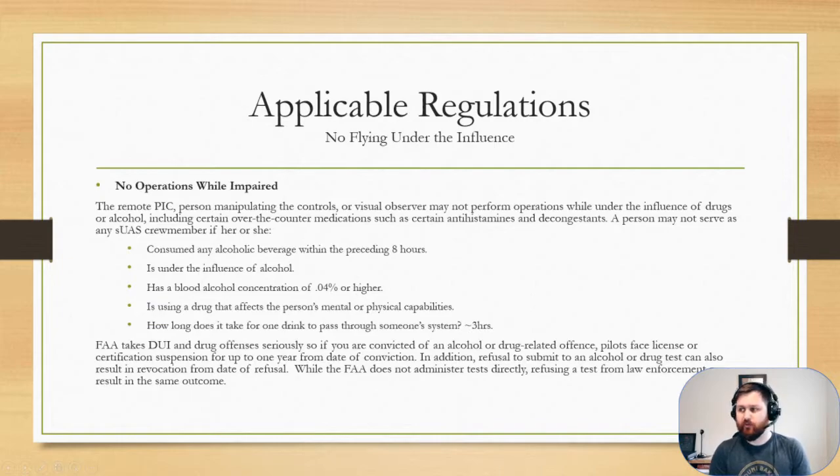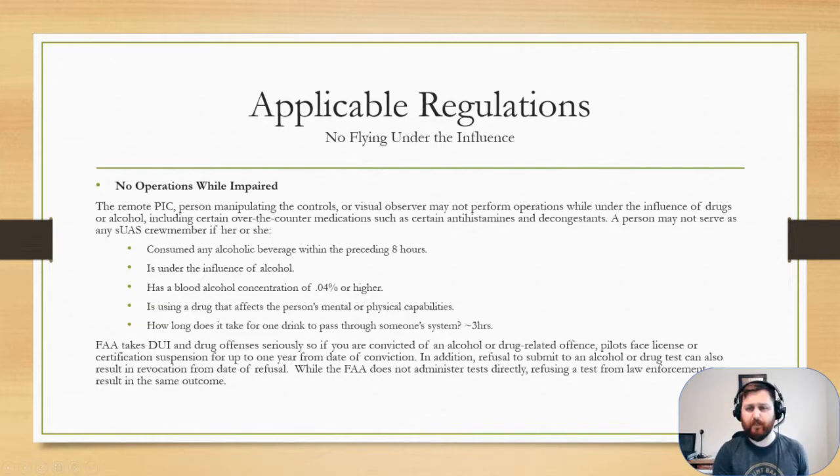Another pretty common one: no operating while impaired in any way, shape, or form. The FAA really takes this one very seriously. DUI, drug offenses, or any types of drugs or alcohol are strictly forbidden while operating.